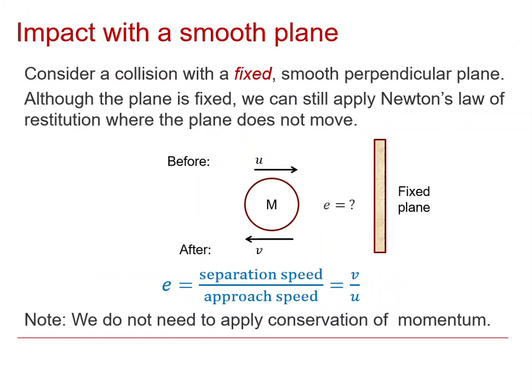And E is our separation speed over approach speed, and so that will now allow us to relate the u and the v to each other, because if it's a fixed plane we can take it that the velocity before and afterwards is 0. You can't apply the conservation of momentum here because there's got to be something fixing the wall. It doesn't move away, and that means there are external forces acting which do have impact in this particular collision.